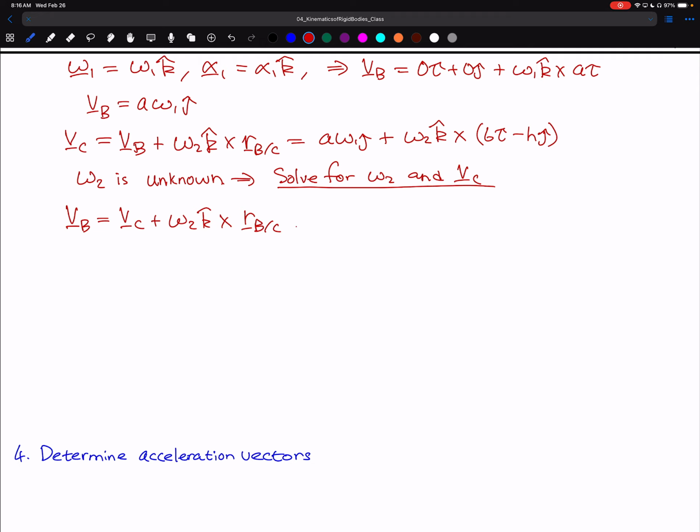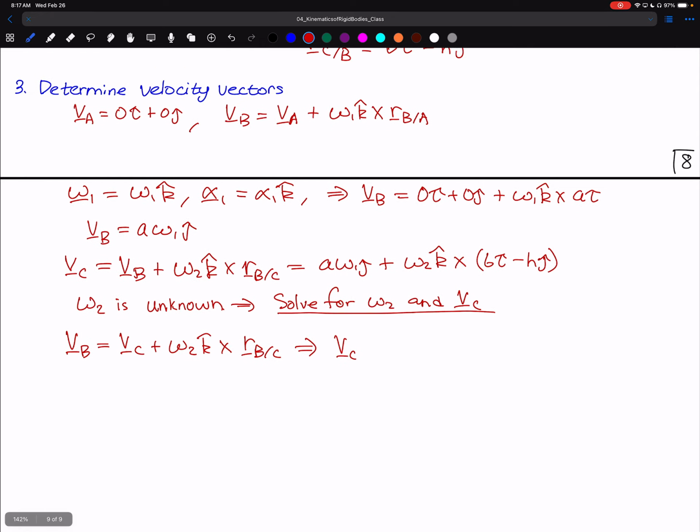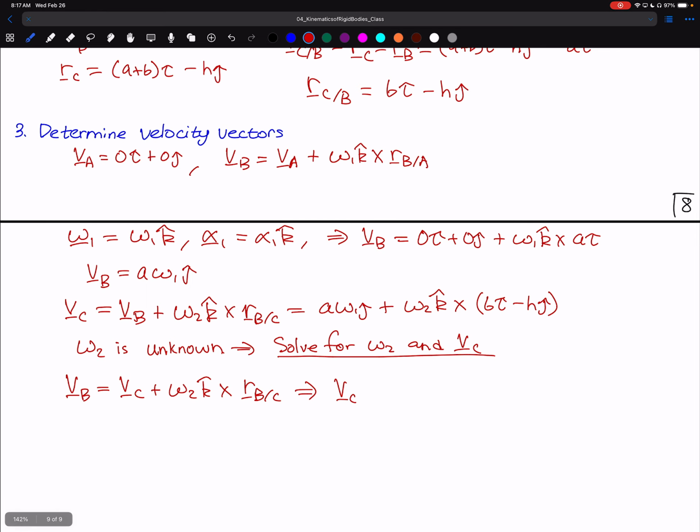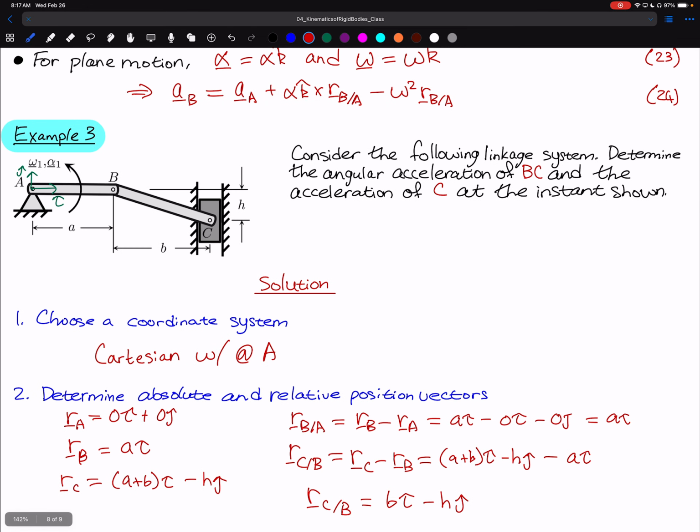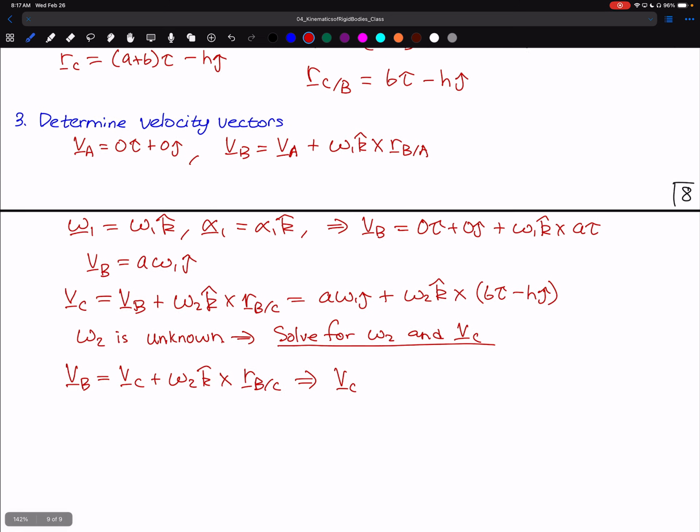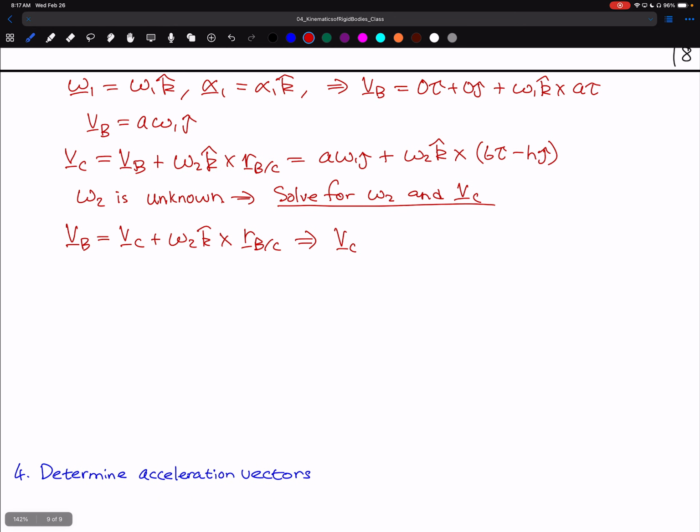The next thing we're going to recognize is that due to the geometry of the problem, and I'll scrub just for a moment, point C can only move in the vertical direction. It's constrained to move in the vertical direction. So our VC must be equal to some scalar VC in the j hat direction.